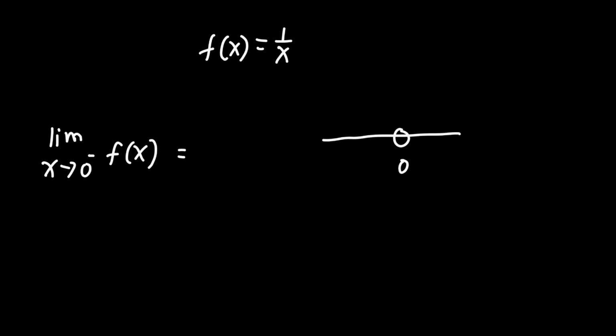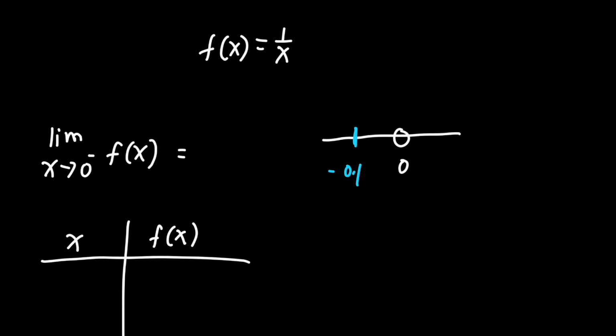So here's a 0, and pick a number. It might be negative 0.1. And we also want to pick multiple values just to make it easier for us to figure out the function. So let's use the table here.